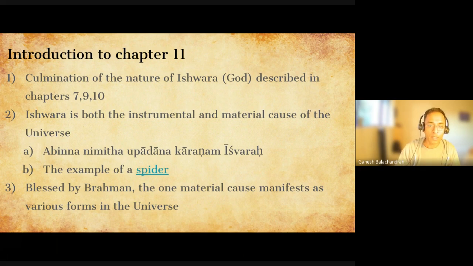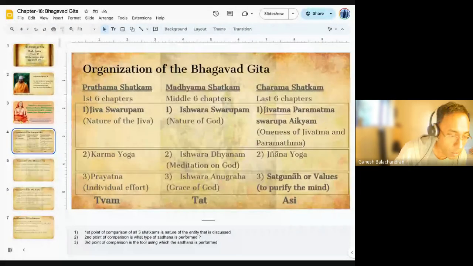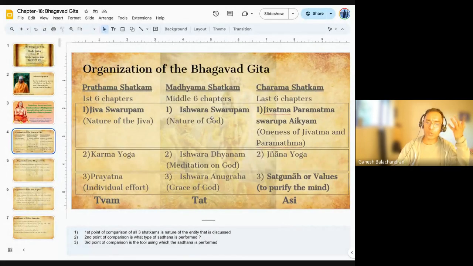And the second Shatkam talks about the nature of the Ishvara, that is God or whatever you can call. So, Prathama Shatkam, nature of the Jiva. Second, Ishvara Swarupa, Madhyama Shatkam, the middle 6 chapters. That's where we are now, from 7 through 12. So we are close to the end of the Madhyama Shatkam, the nature of Ishvara.